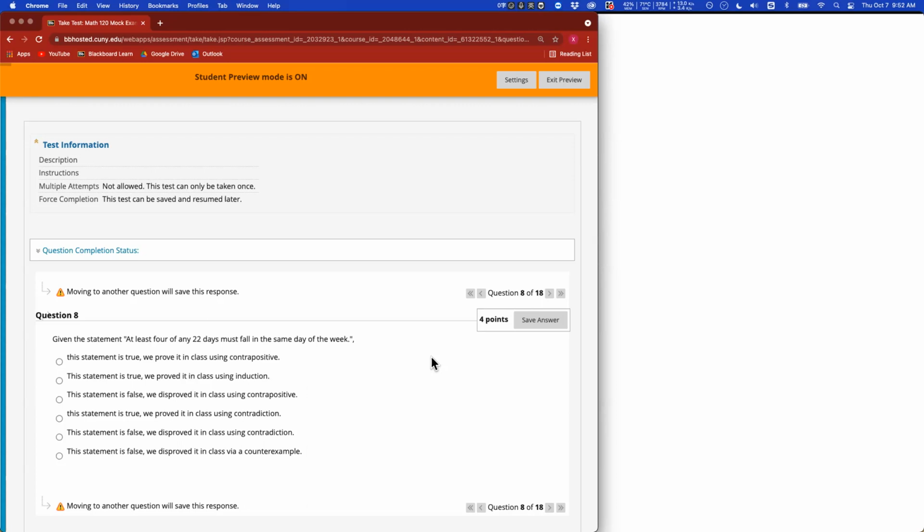Right, so if you look at it, it's saying that at least 4 of any 22 days. And we do induction normally when you're trying to prove a propositional function where the variable is in some integer range, right? Maybe positive integers, non-negative integers, integers greater than or equal to something.